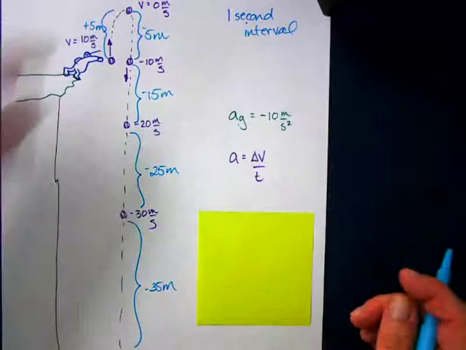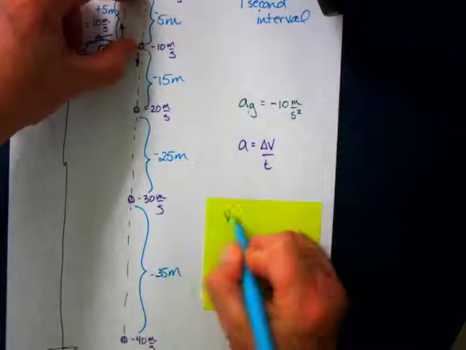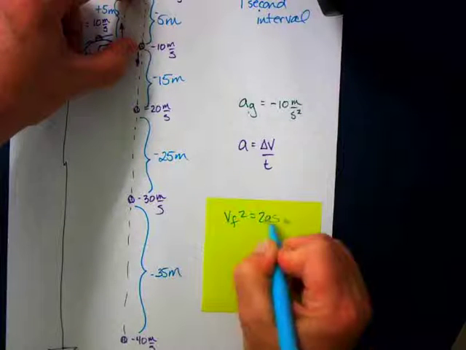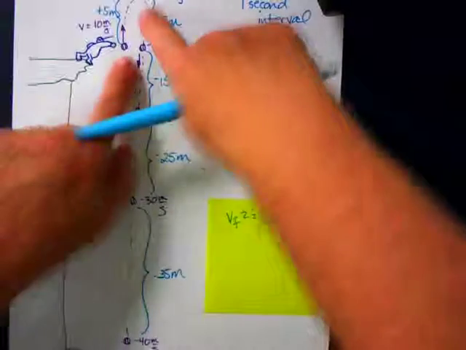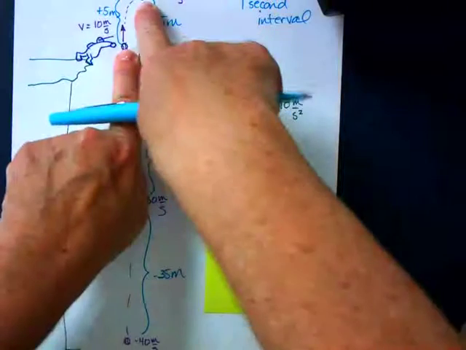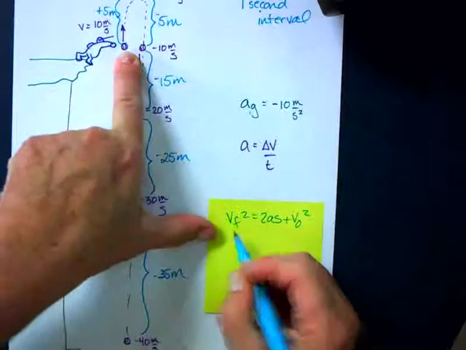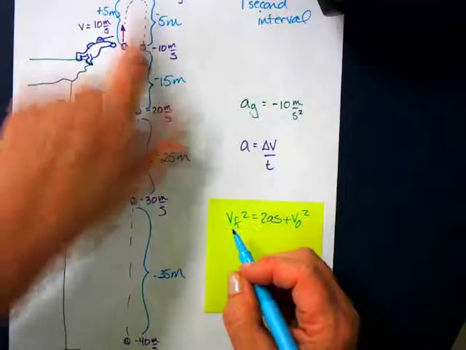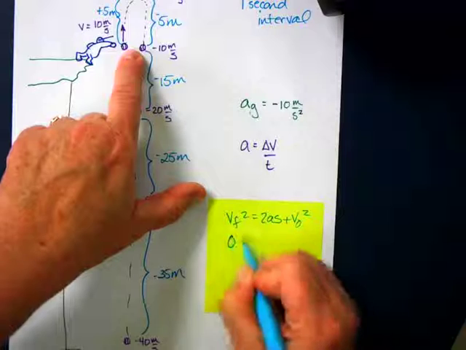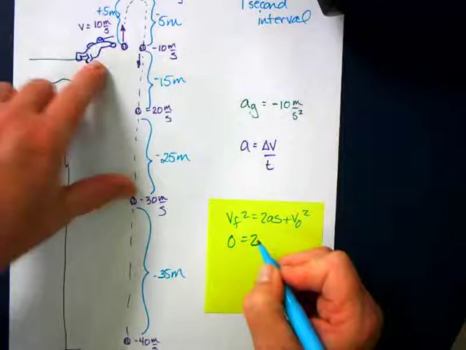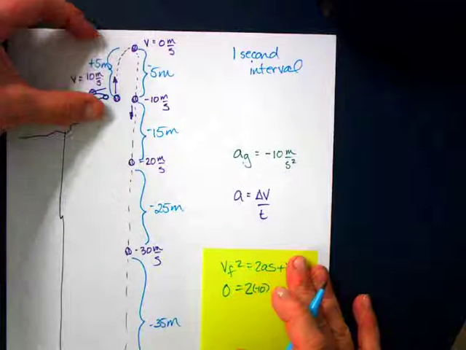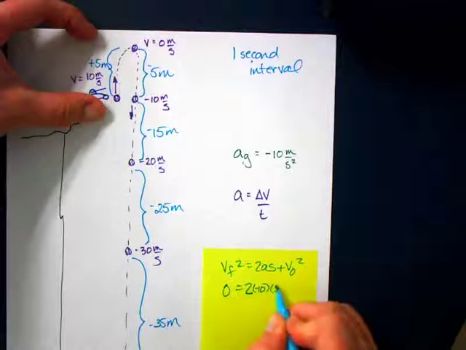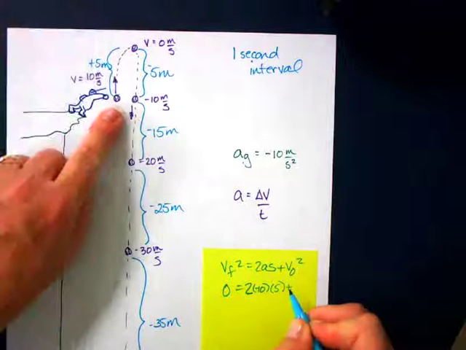All right, let's do the last equation. Final velocity squared equals 2AD plus initial velocity squared. Pick two spots. 0 and 10. You want to pick those? Okay, all right. So final velocity would be what in this picture, Manraj? 0. What's the acceleration always? -10.